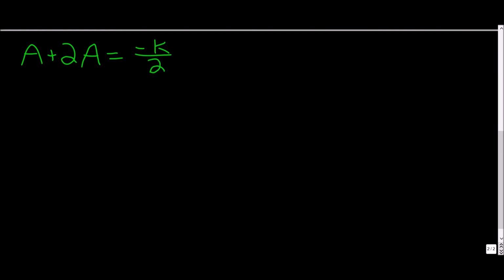So this is 3 alpha makes negative k over 2, and alpha is going to be negative k. Oh, excuse me, that's wrong. Just a regular alpha is going to be negative k divided by 6.